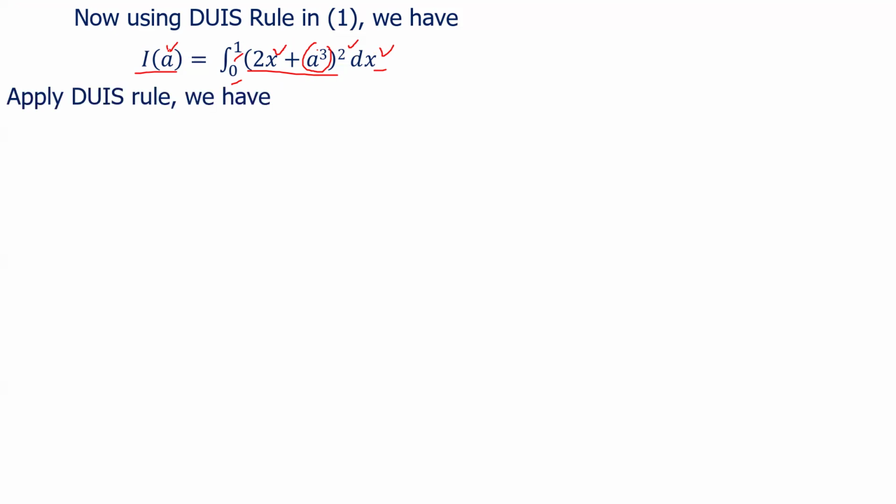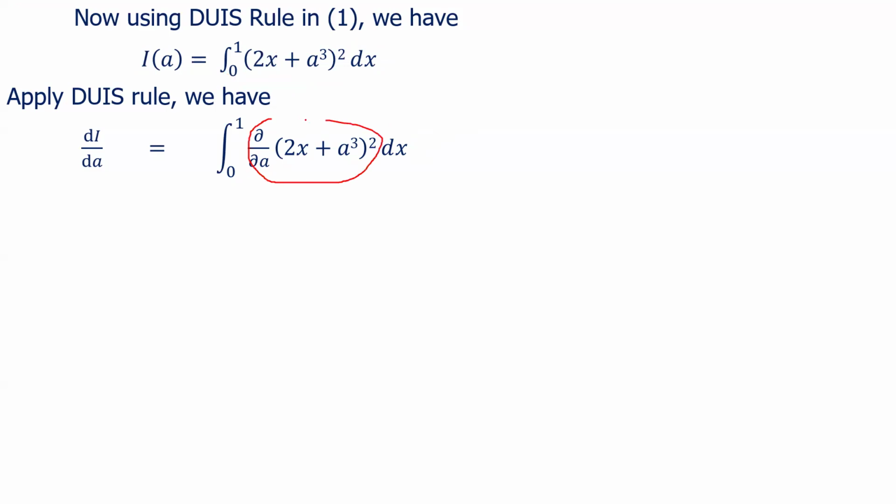We have dI by da equal to the integration of the derivative of (2x plus a cube) whole to the power 2 with respect to a, under the limit 0 to 1, dx. Let us differentiate this part with respect to a.